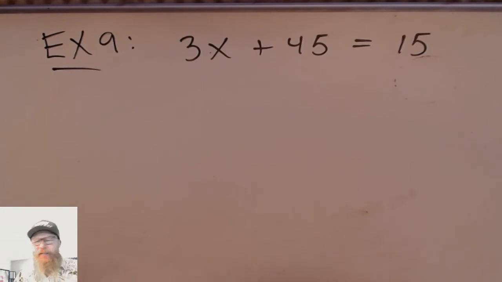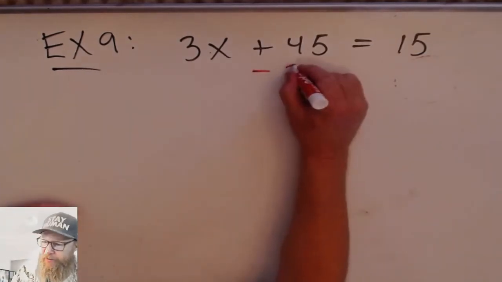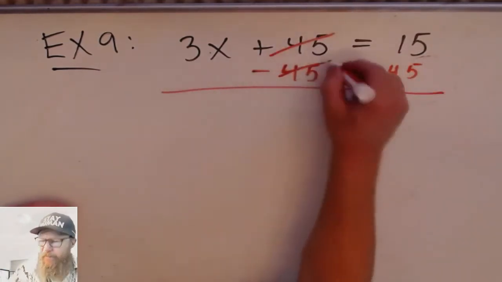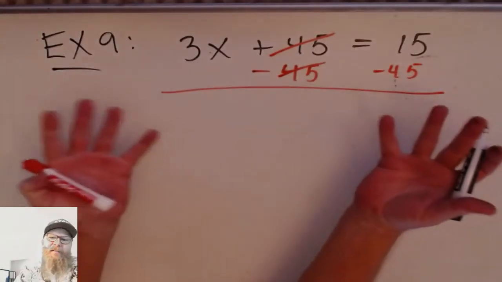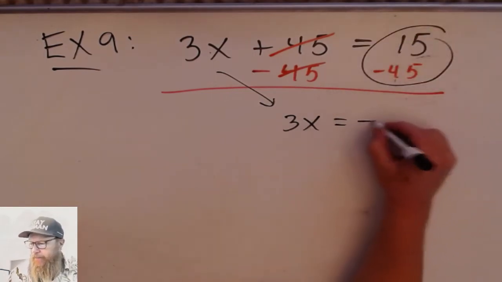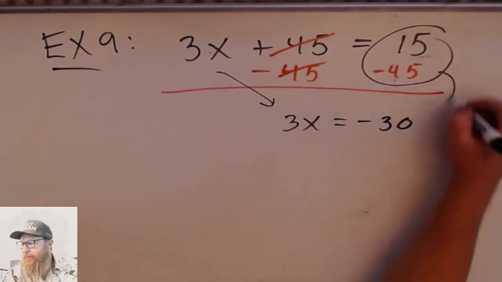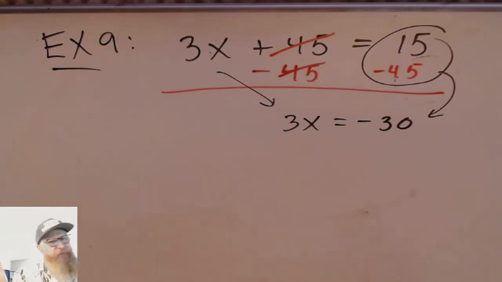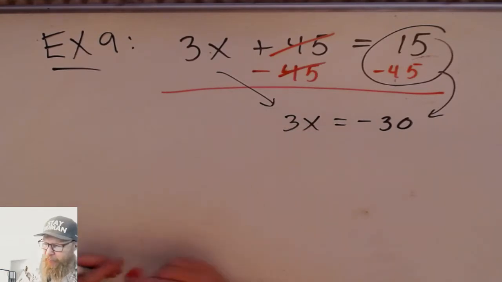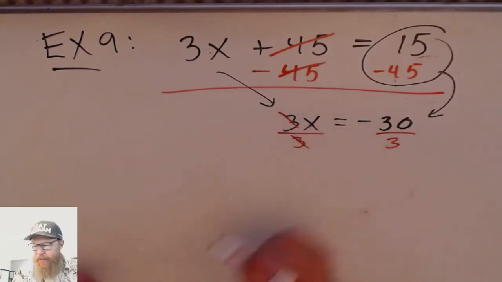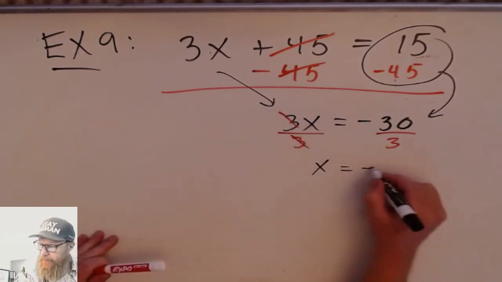So now we're going to use the subtraction principle first. So subtracting 45, or you could say adding negative 45, that'll give you negative 30. Be very careful. You can either say you're subtracting 45, or if you prefer, you're adding negative 45. It means the same thing. And then the coefficient is 3. I sometimes like to annotate so you can see what's happening, and then that cancels off, and you get x equals negative 10.